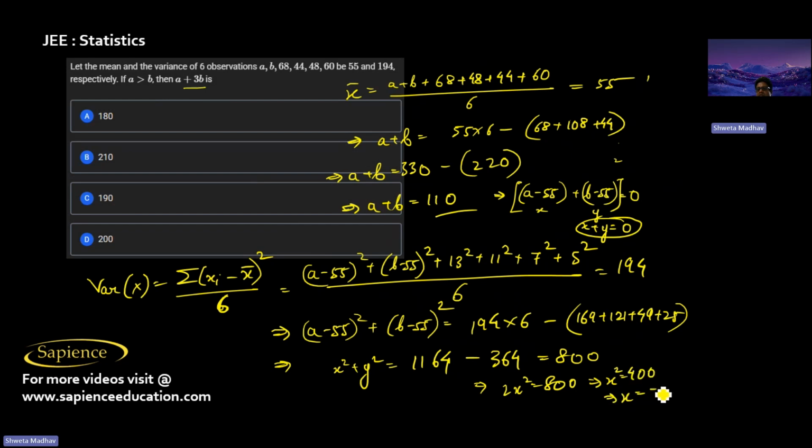Therefore, x can be equal to plus or minus 20. Since y is equal to minus x, y can be minus or plus 20.